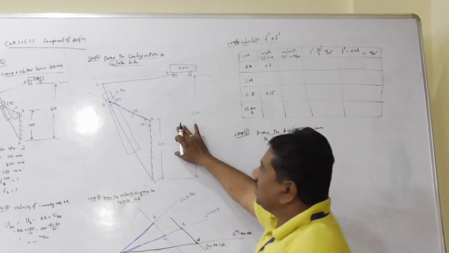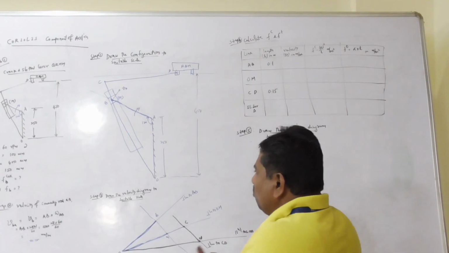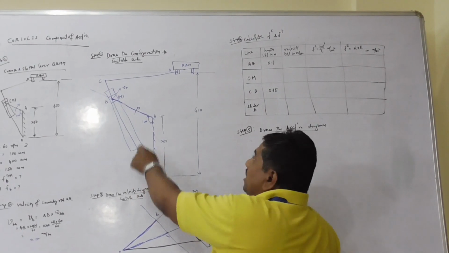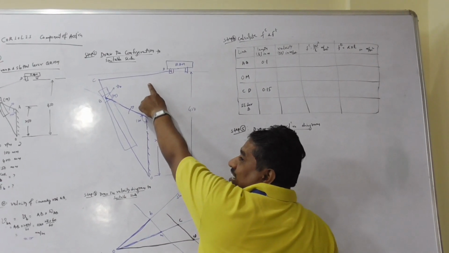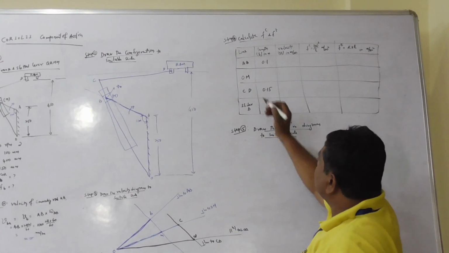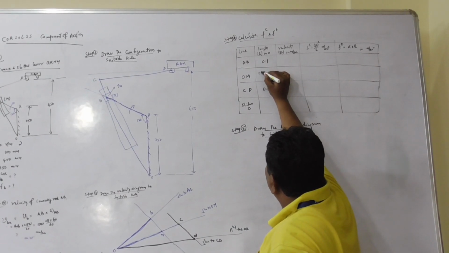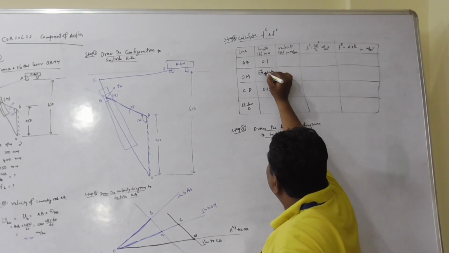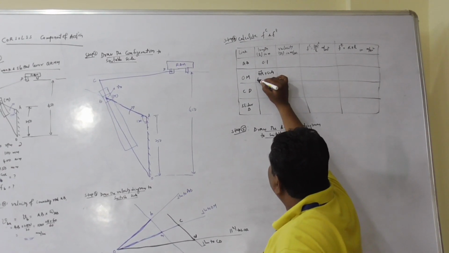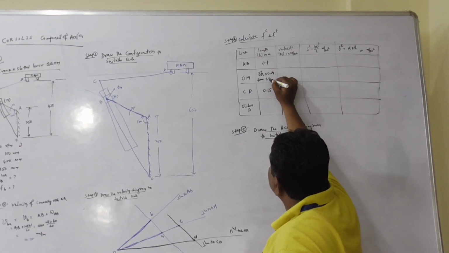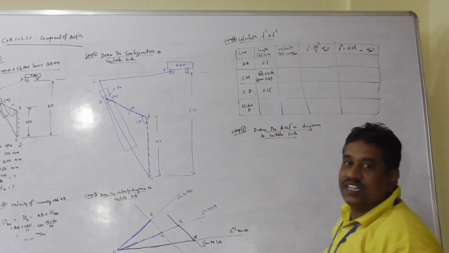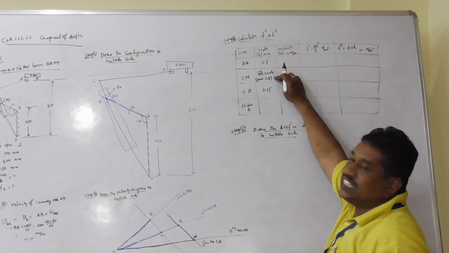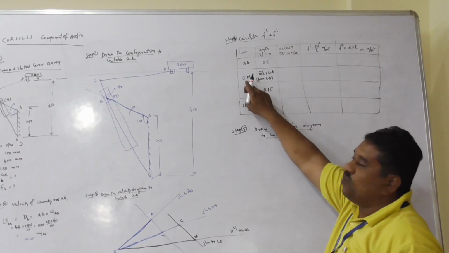But when you draw this configuration diagram, you measure OM from the configuration diagram, multiplied by the scale of the configuration diagram, which will give the distance OM. Therefore, OM into scale, this is capital OM, that means from the configuration diagram. Keep this distance in meters, that is the length of OM.